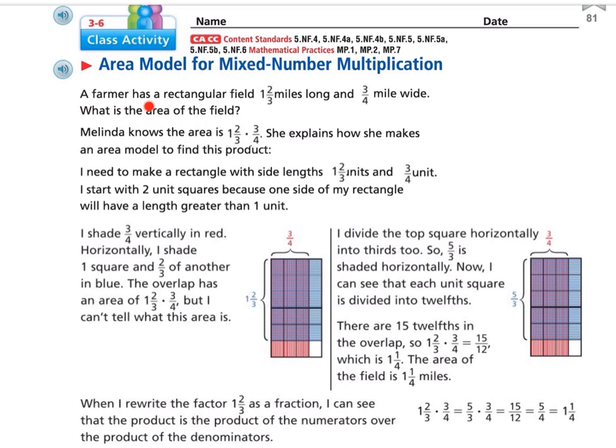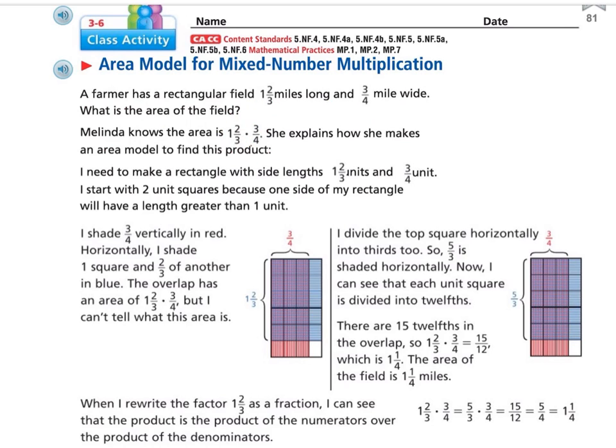A farmer has a rectangular field, 1 2/3 mile long and 3/4 of a mile wide. So our problem is what is the area of the field? And we know, and so does our friend Melinda here, that to find out area, we have to multiply the length by the width. So 1 2/3 times 3/4.